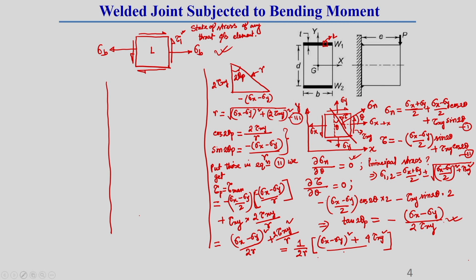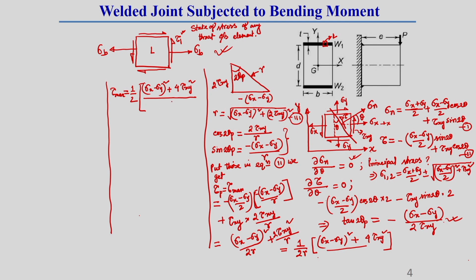So, tau max is equal to 1 by 2 times (sigma x minus sigma y) whole square plus 4 tau x y square divided by r, which I am directly putting.